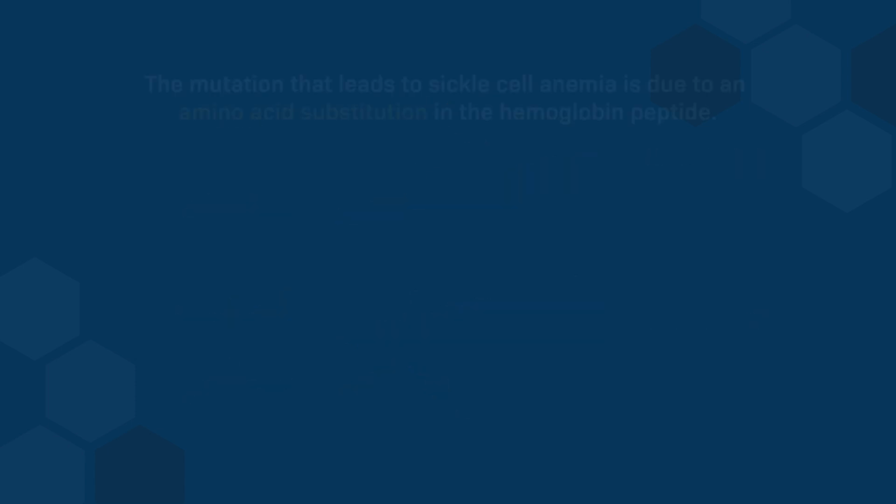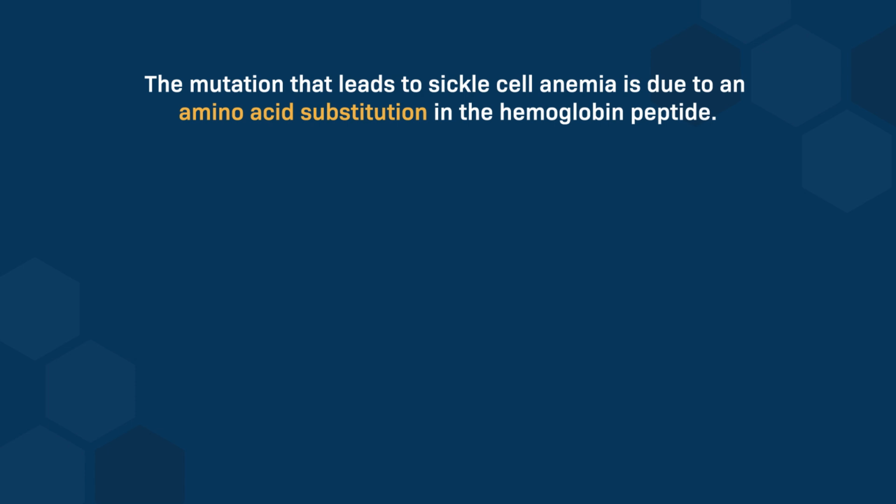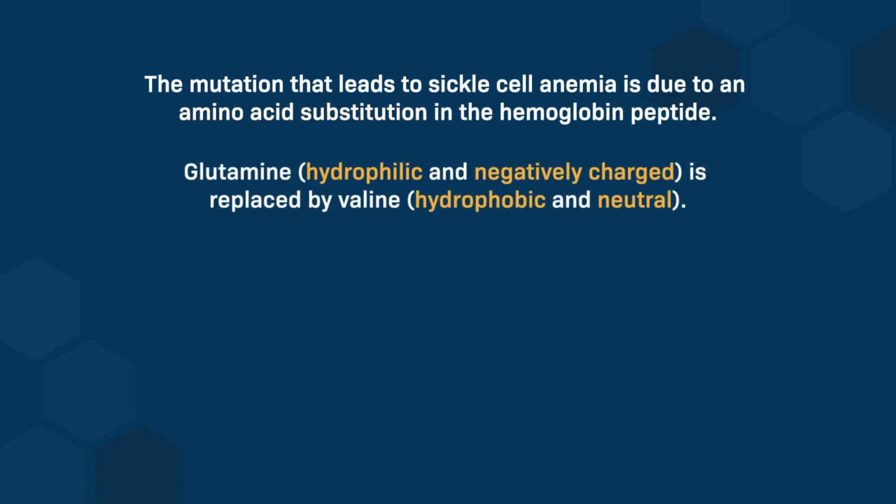This example illustrates how, given an analysis of a protein structure, in this case hemoglobin with a mutation that is associated with sickle cell anemia, revealed a correspondence between the mutation and a change in amino acid. Glutamine, a hydrophilic and negatively charged amino acid, is replaced by valine, a hydrophobic and neutral amino acid, thereby changing the composition and activity of the peptide.